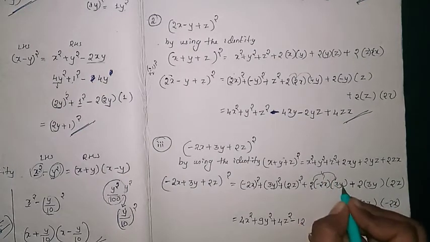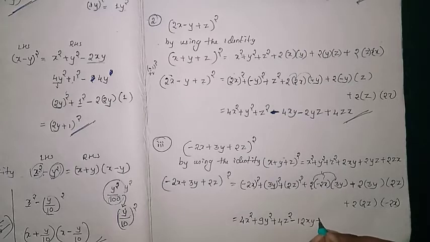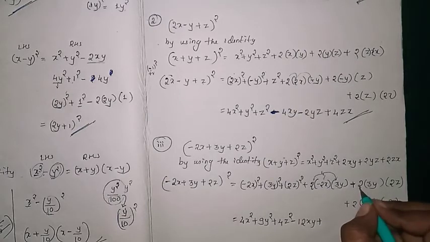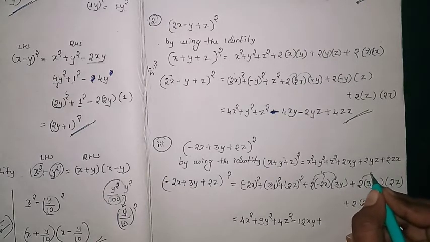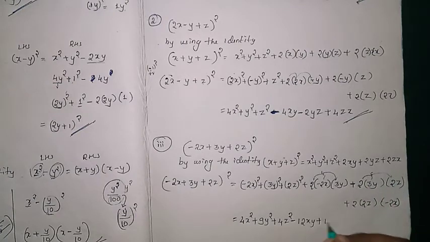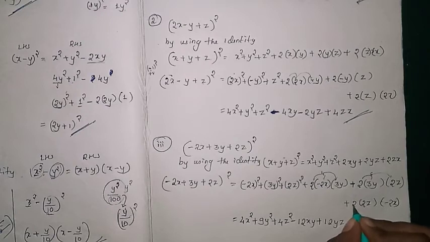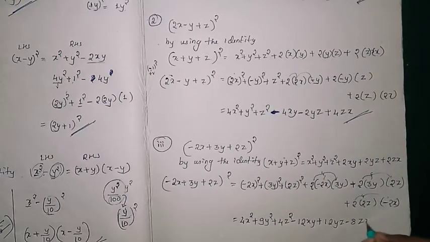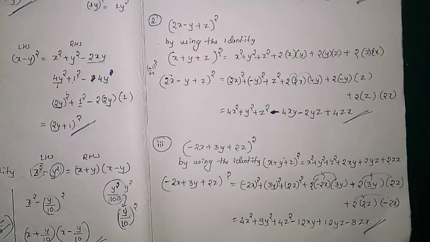So 12xy plus of, so plus is there, so 3 2s are 6, 6 2s are 12, 12yz. Now here it is positive and negative is there, so it is a minus. So 2 2s are 4, 4 2s are 8, so it is 8zx. So this is our required answer.